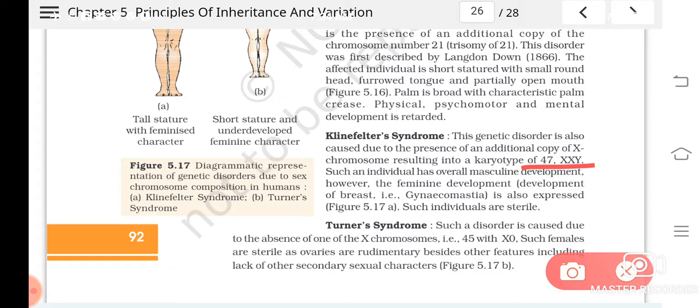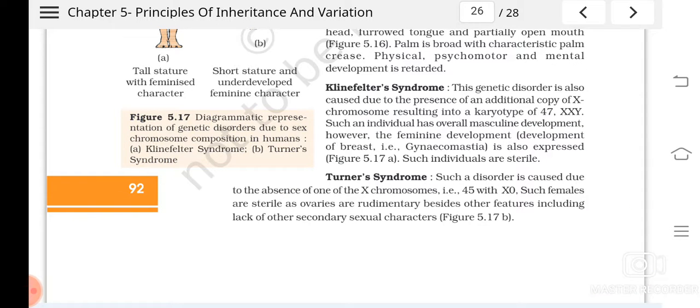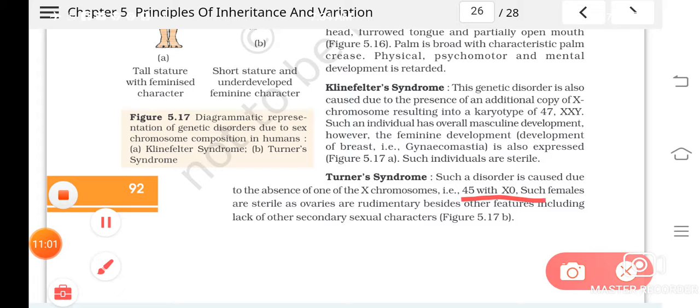Then next is Turner syndrome. Turner syndrome is due to monosomy, meaning one chromosome is less. Due to the absence of one X chromosome, their karyotype will be 45 with XO. These are females, but they are sterile, because their ovaries are not developed fully, rudimentary ovaries.